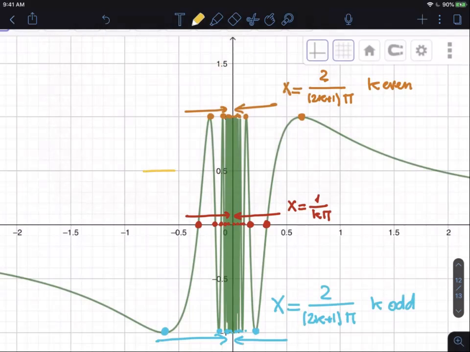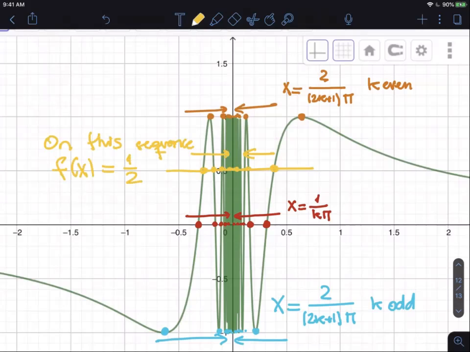Let's pick 1/2. There we go. There is always a sequence of values that approach 0, and for which the limit is the number we chose. So in this sequence, f of x is 1/2.